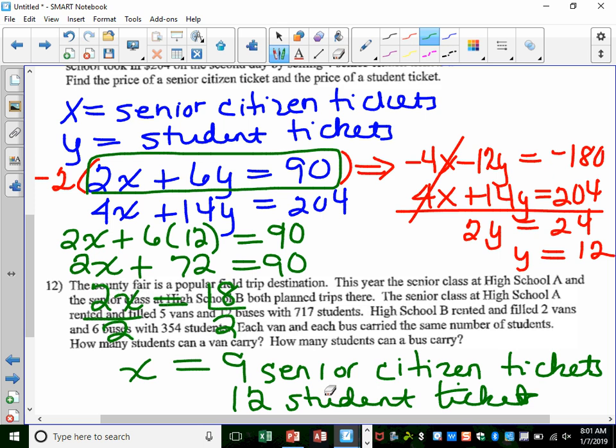Okay, so now we could actually, yes, find the price of the senior citizen ticket and the price of each student ticket. Oh, so this is actually the money. I'm sorry. So these are actually in dollars. Okay, you're absolutely correct. So this would be $9 for the senior citizens and $12 for the student tickets.